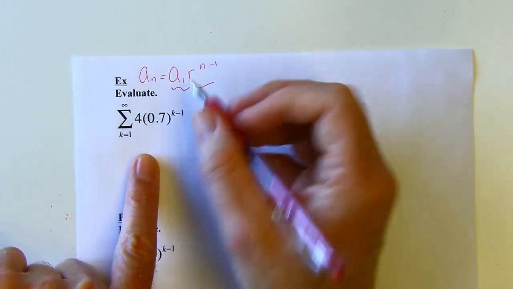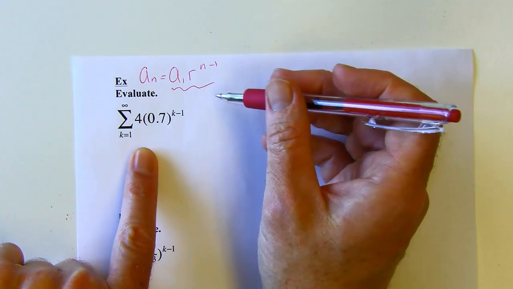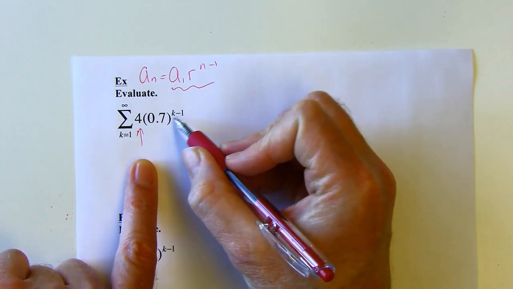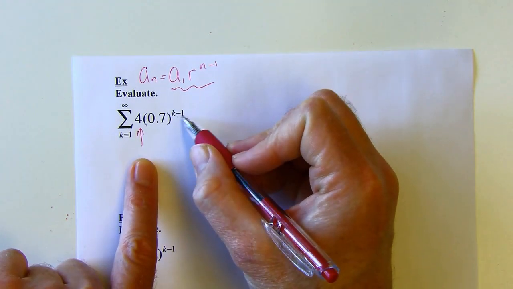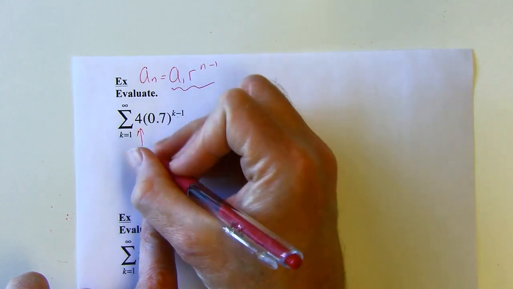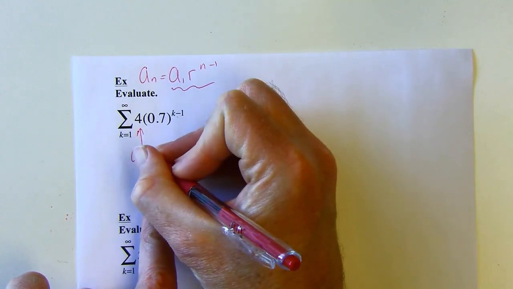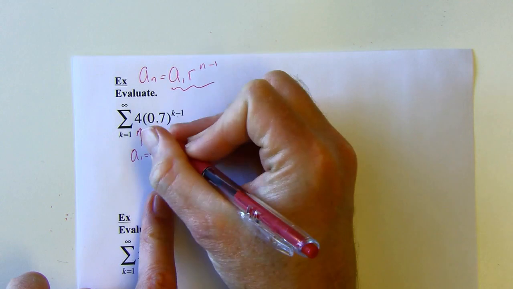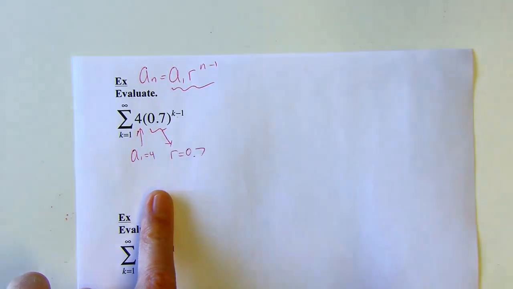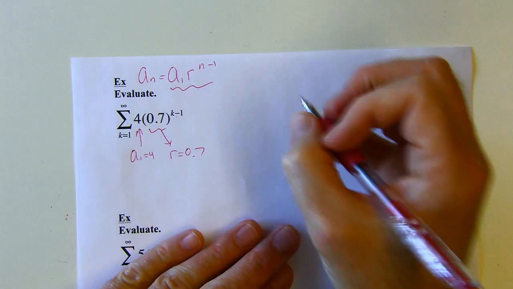You can always build out a couple of the terms to find the first term and the ratio, but if you know where to look and you've got k minus 1 or n minus 1 or some variable minus 1 as your exponent, then this is going to be the first term, and this is going to be the ratio. So it's kind of nice if you know where to look. It doesn't take much work at all.